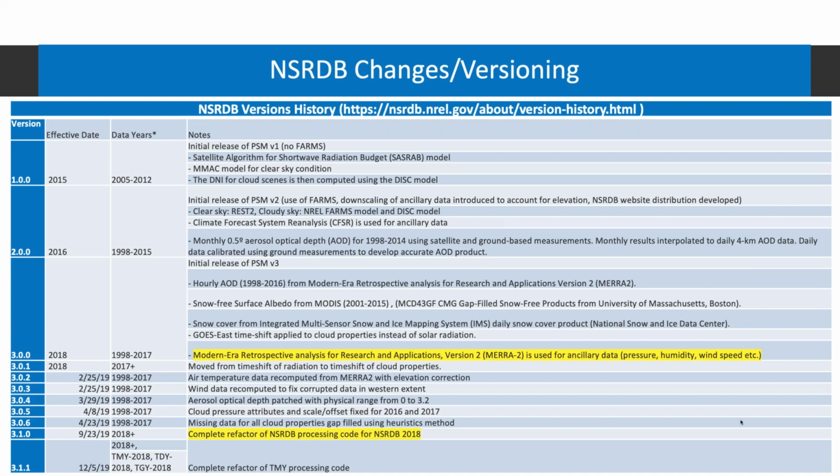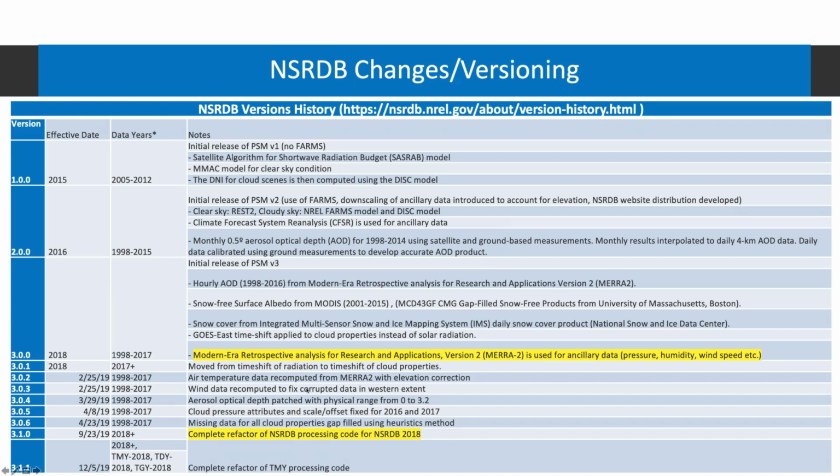And the most important thing I wanted to point out was when we started with version 3, this was when MERRA-2 came online. MERRA-2 is, as a reminder, the reanalysis model output from NASA. It provided us hourly aerosol data, and that is when we shifted to model 3.0.